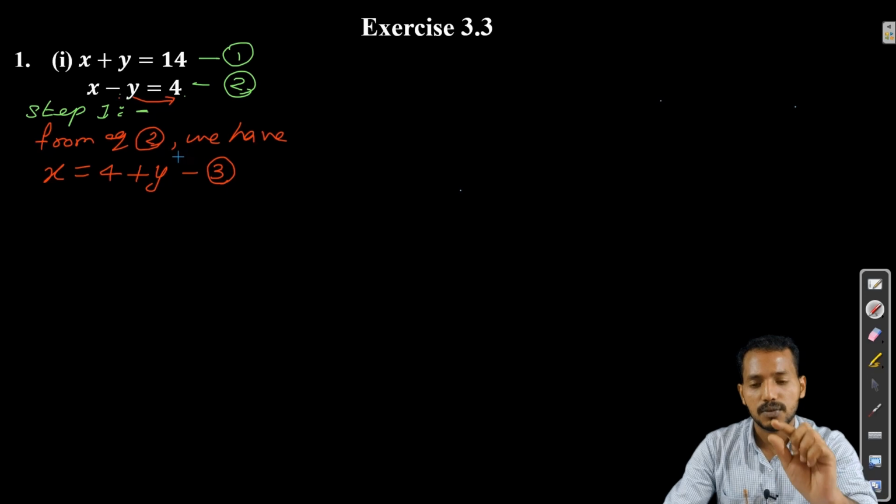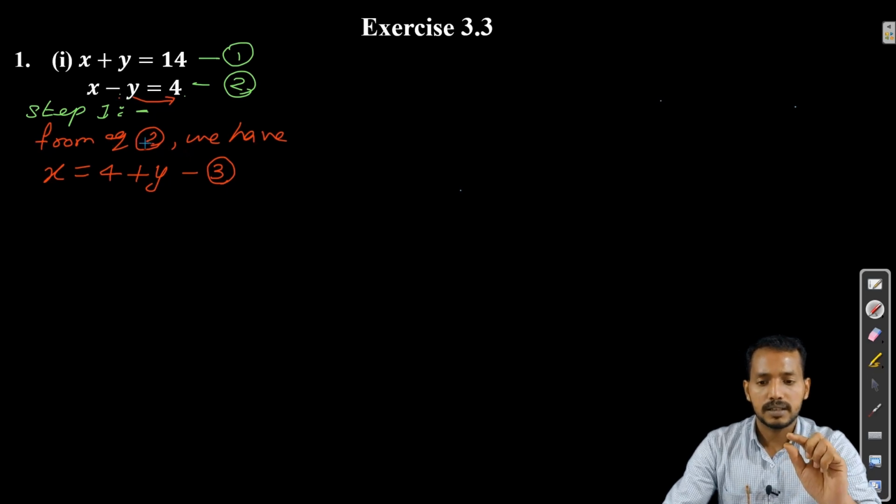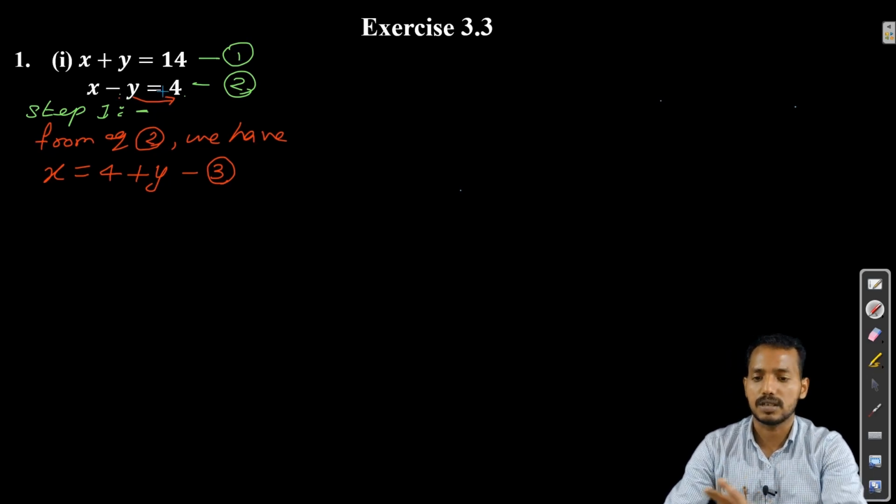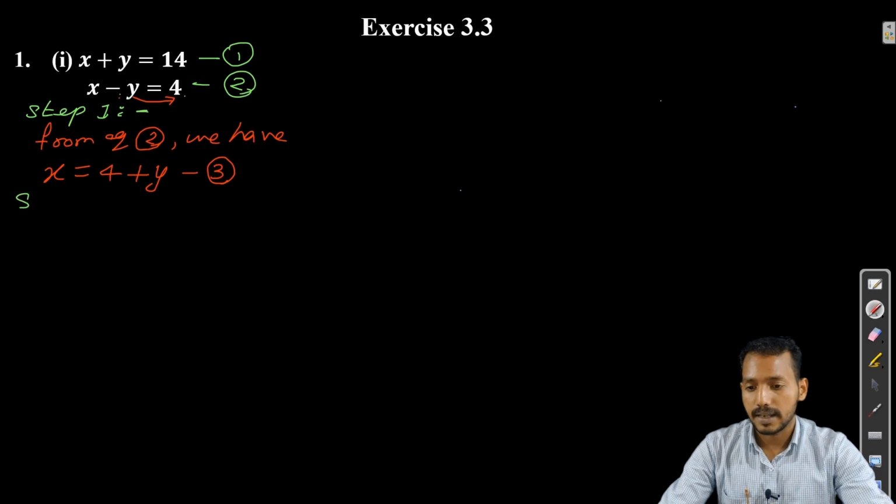So this is the first step. Either you can write from equation number 2 or equation number 1. Here I have written from equation number 2. Now what is the second step?